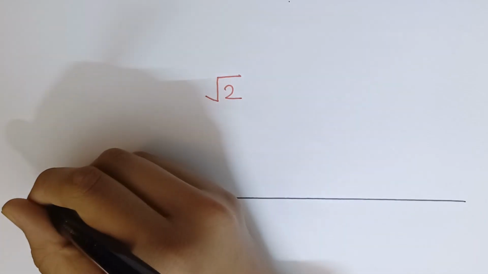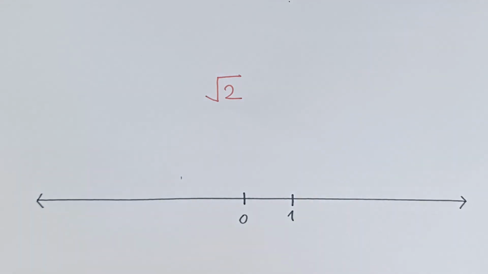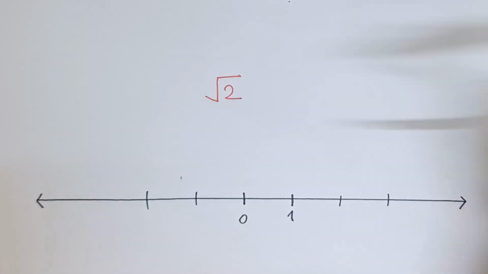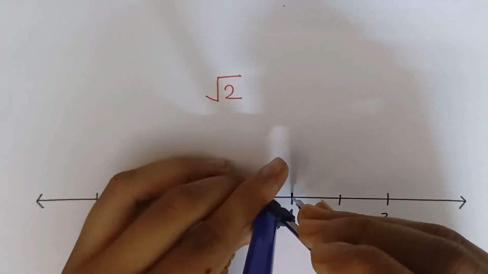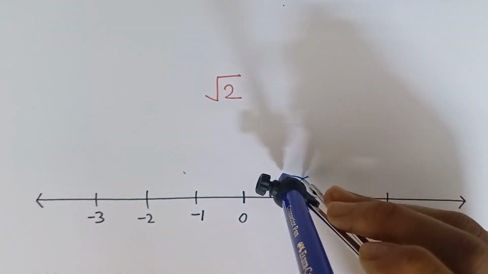First, let's do square root of 2. We begin by making a number line. Then we draw 90 degrees at 1 and extend the perpendicular.